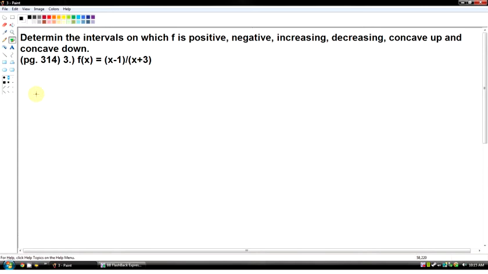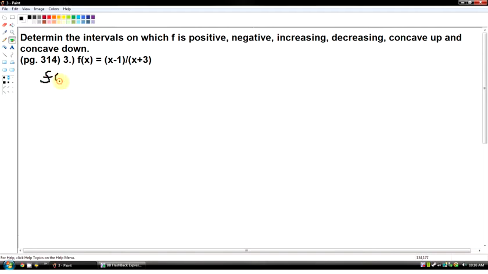And we have to do it from f of x, which here is equal to x minus 1 over x plus 3. So the first thing we're going to do is find where f of x is 0 and where it doesn't exist.